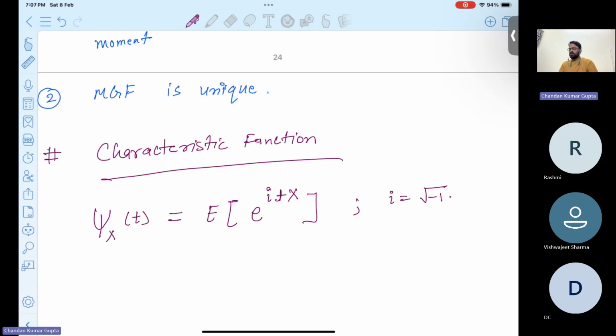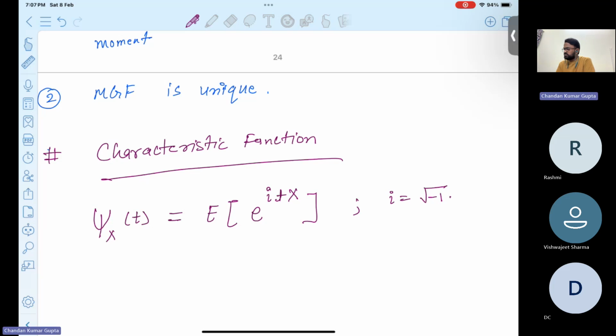Now there are differences. Why are we defining three different ones? PGF is defined only for random variables which are discrete in nature, that means non-negative integer valued random variables. For those random variables, we are able to define the probability generating function.